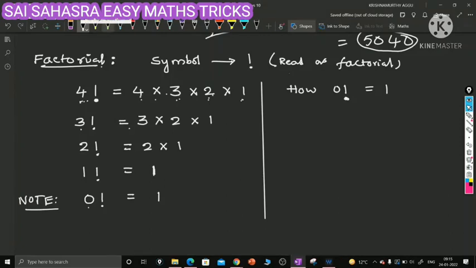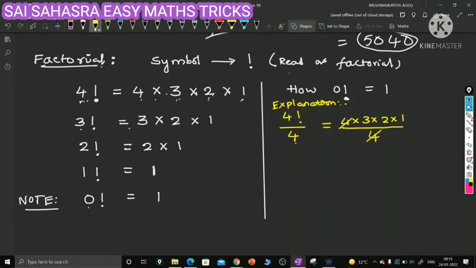Let us see 4 factorial by 4. Explanation. 4 factorial means how can we write? 4 into 3 into 2 into 1, divided by 4.